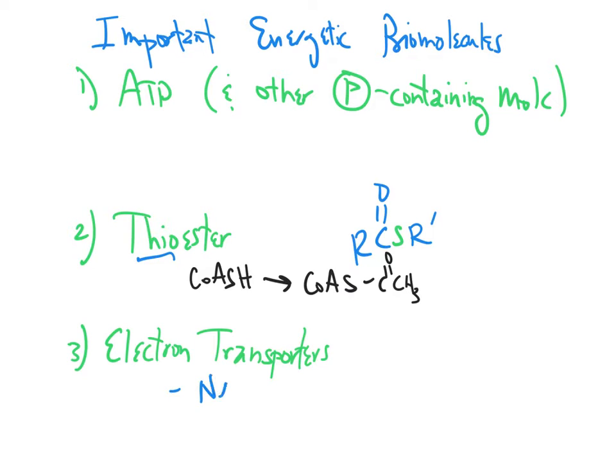Those are NAD plus with its partner NADH, and FAD, FADH2. And they have analogs. FMN, FMNH2 is just like FAD, except it's missing the adenyl group. Or NADP plus, which just means it's got a phosphate on it.